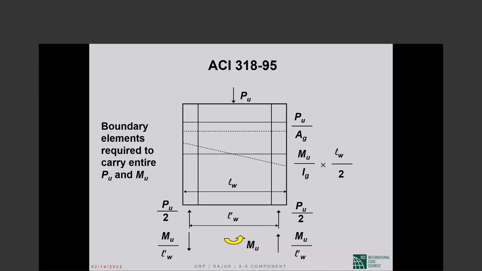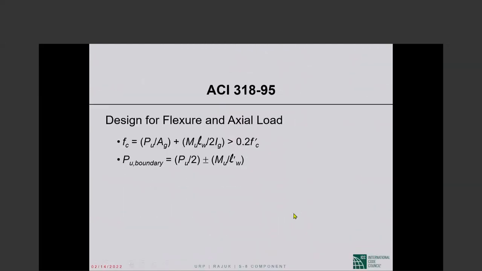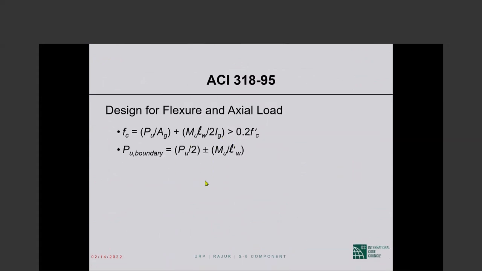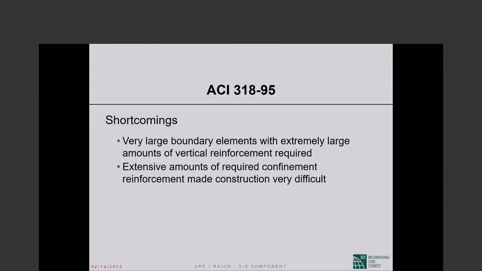Sometimes we would allow that, but most of the time, no. Anyway, the requirement that each boundary element be designed for that much of compression gave us very large boundary elements containing a whole lot of reinforcement. Okay, I will show you an example and you will see large boundary elements crowded with a lot of reinforcement.